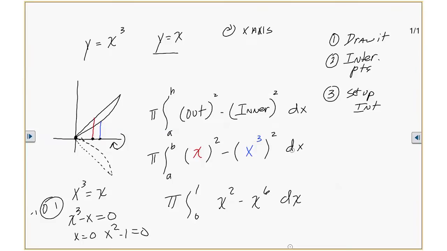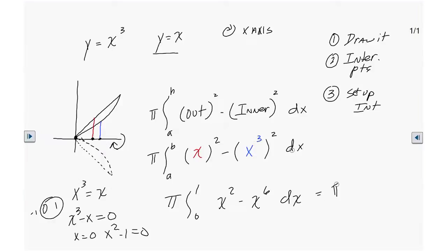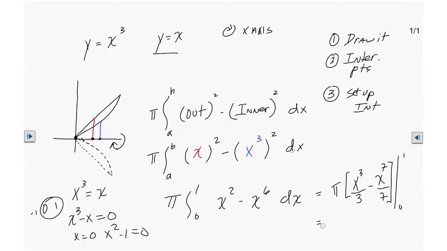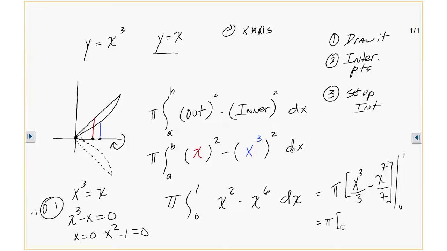And then that's going to give us pi times x to the 3rd over 3 minus x to the 7th over 7, evaluated at 0 and 1, and then that's going to equal pi times 1/3 minus 1/7.